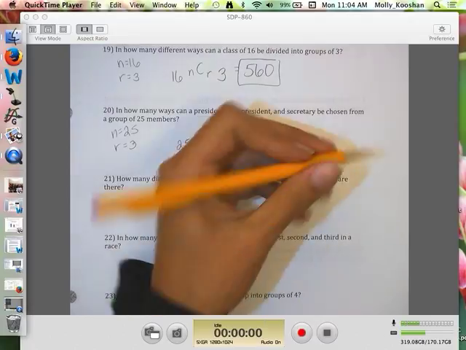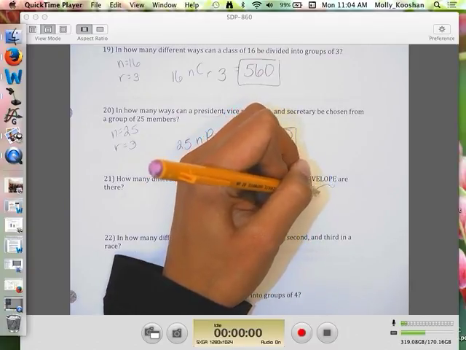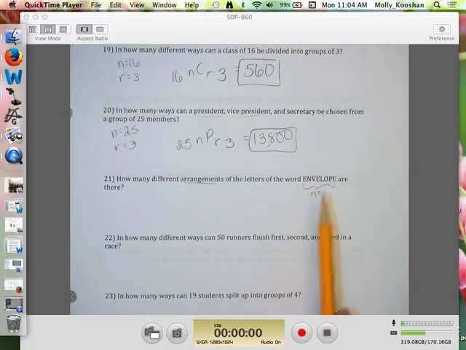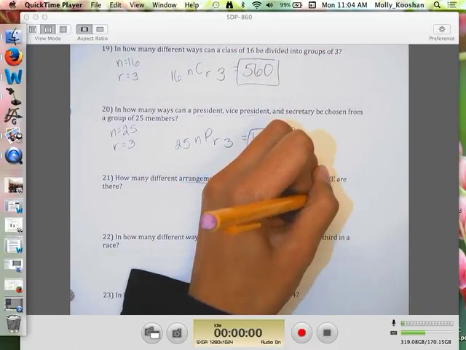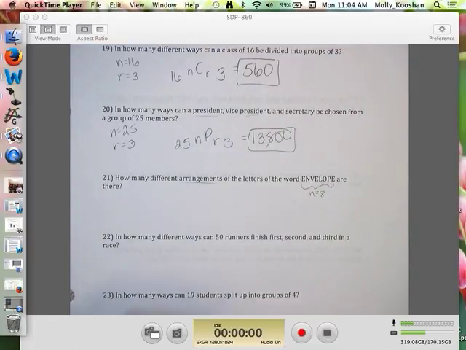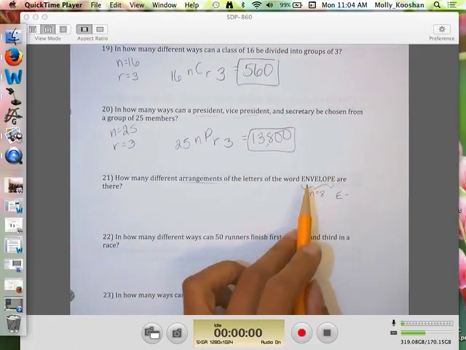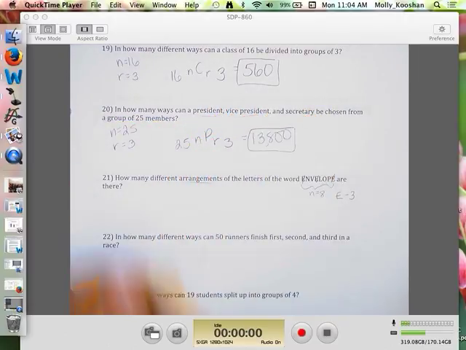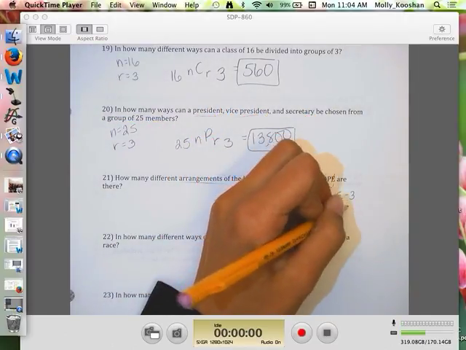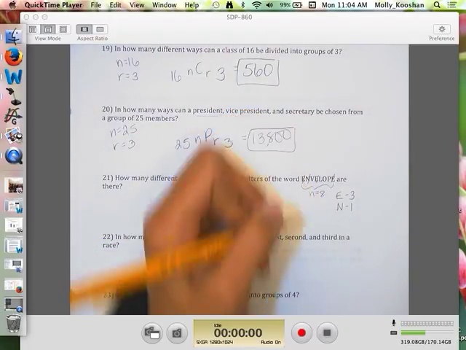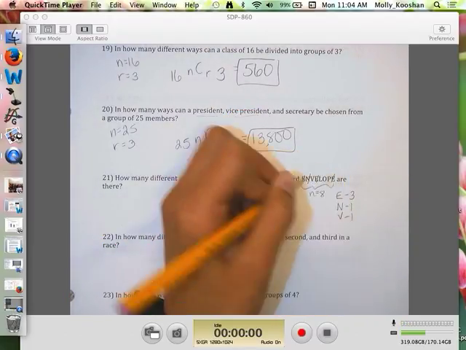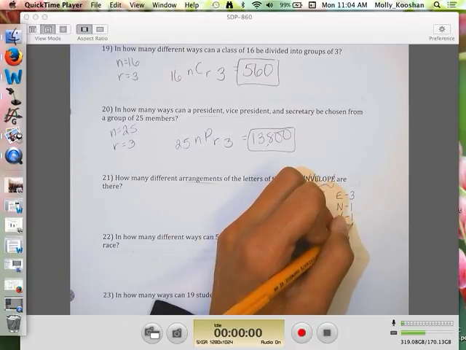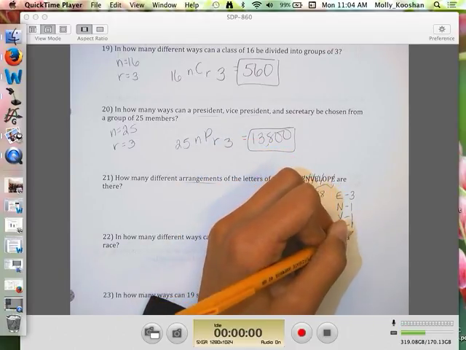So what we need first is N, by counting 1, 2, 3, 4, 5, 6, 7, 8. There's 8 characters. Okay, and then we say how many E's are there? 1, 2, 3. 3 E's. There's 1 N, 1 V, 1 L, 1 O, and 1 P.